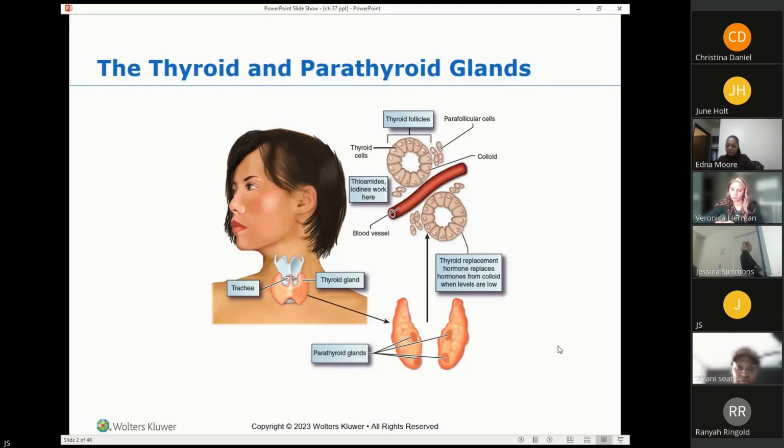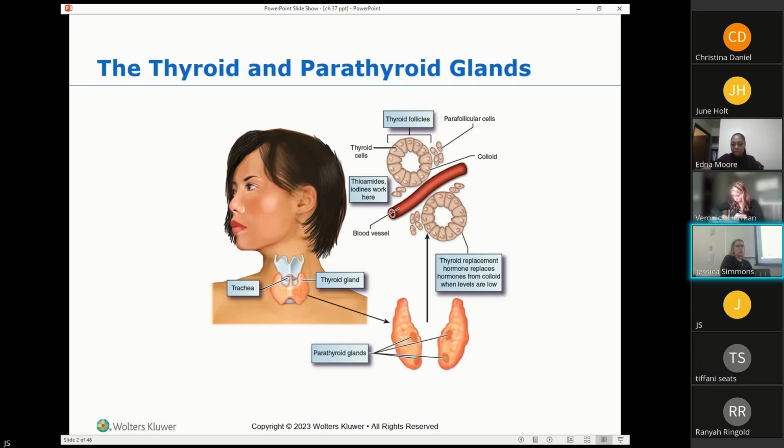Okay. So you have your thyroid, and you have your parathyroid. The parathyroid are just little tiny spots that are attached to your thyroid gland. So it's very, very easy to hurt them during any type of thyroid surgery, thyroidectomy, which is very important to know.